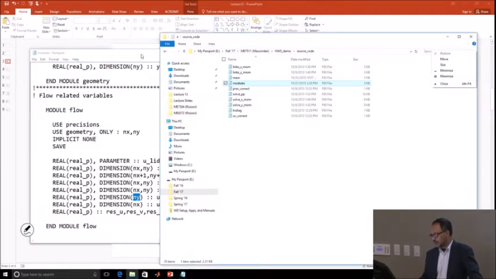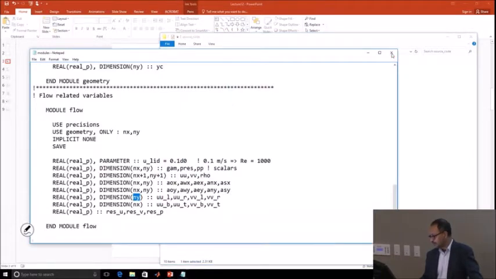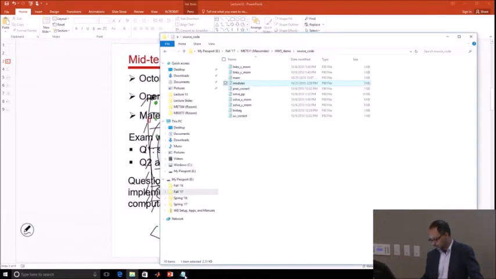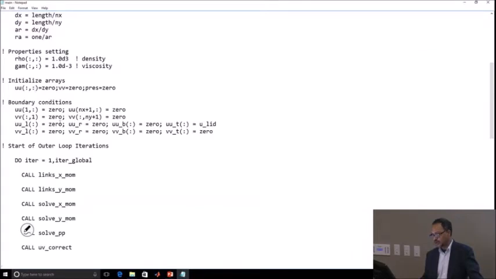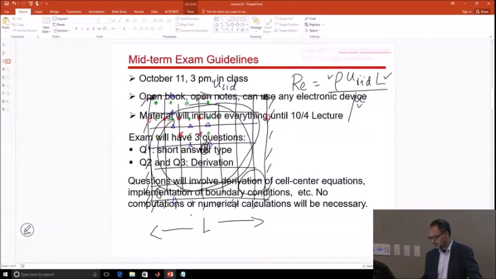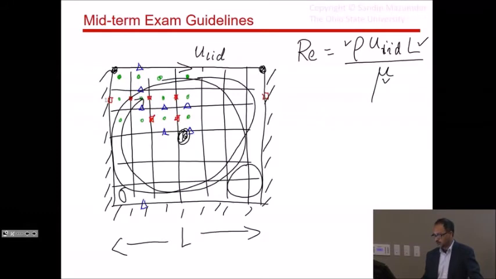All right, so let's go back to this other one here. That's what we are doing here. We are setting everything to 0 first, and then rewriting the boundary conditions on top of that. For example, the very first row of U velocities here all have values of 0.